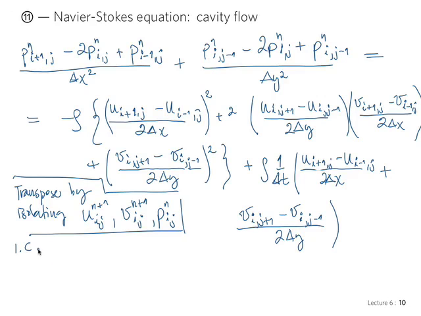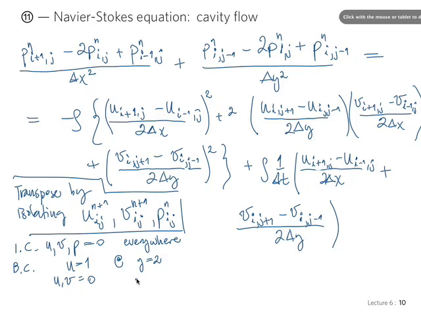And what we're going to use for initial condition here is going to be u, v, and p equal to 0 everywhere. And for boundary conditions, we're going to use u equal to 1 at y equal to 2, u and v equal to 0 at x equals 0 to 2, and y equals 0, only because at y equals 2 we're going to apply this one, u equals 1.